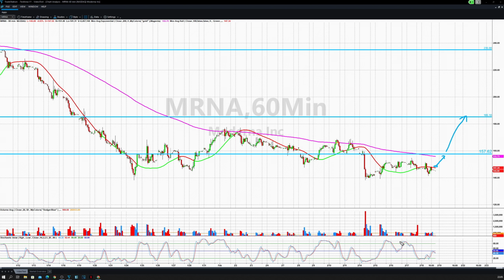So this is it, guys. Here it almost closed above the 50, then pushed lower. Any green candle above will close above the 50, and you have an open door to the 185 with mRNA.